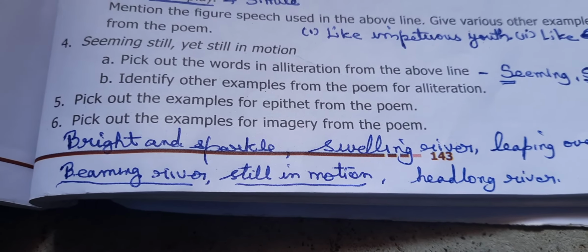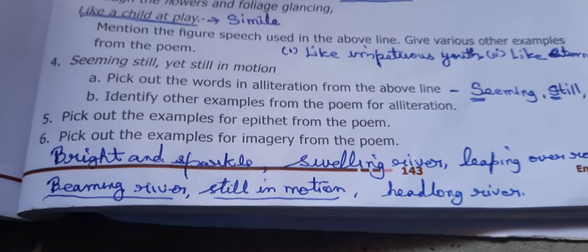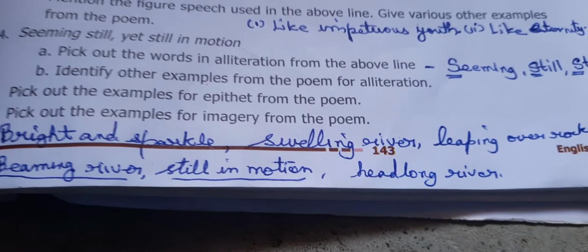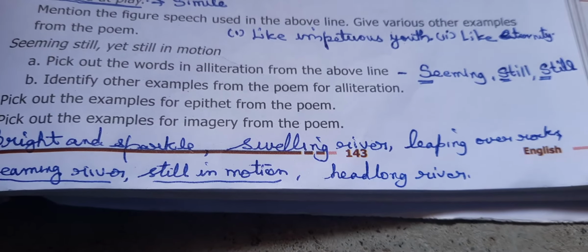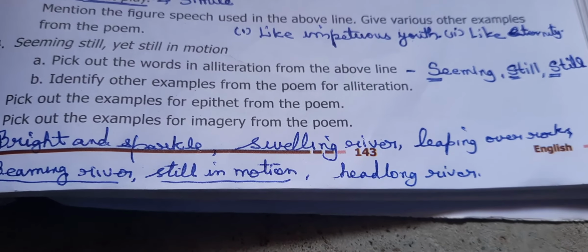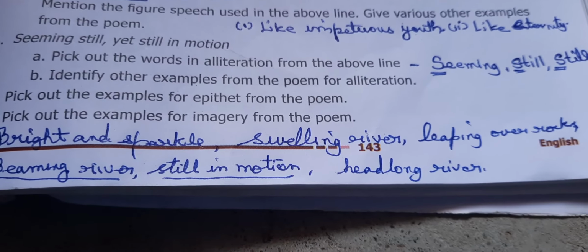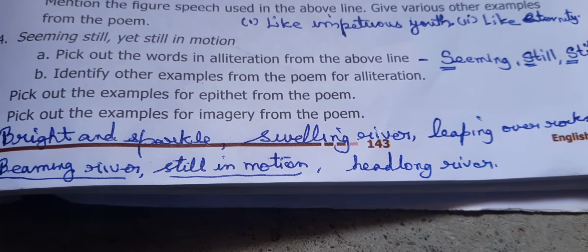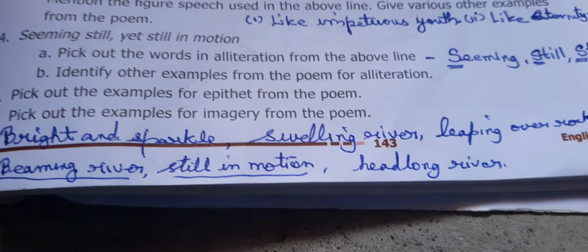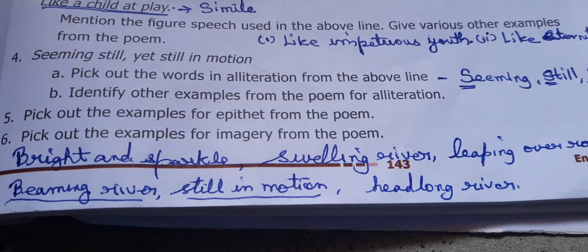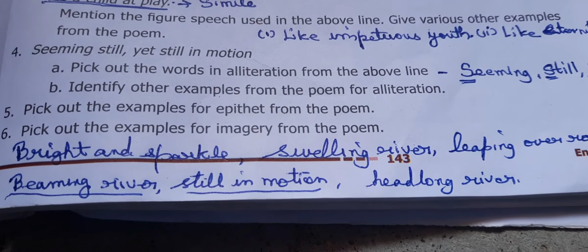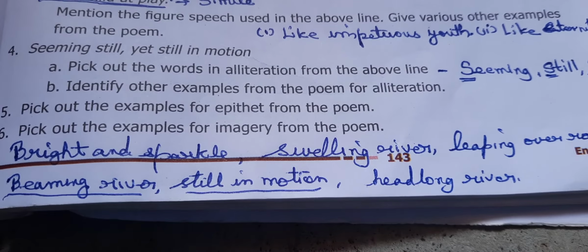Fourth one, seeming still yet still in motion. Pick out the words in alliteration from the above lines. What is alliteration? The repetition of the consonant sounds. You know, in English, the sounds of A, E, I, O, U are called vowels.